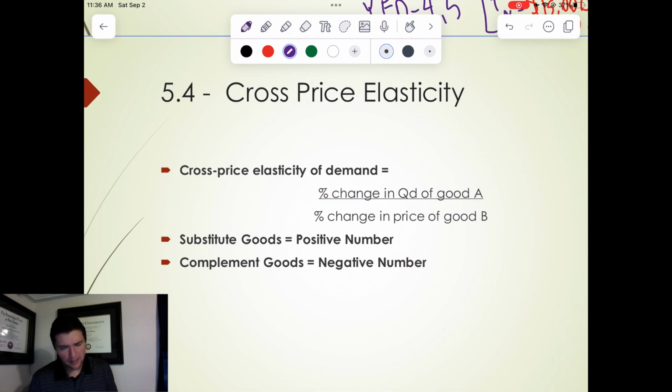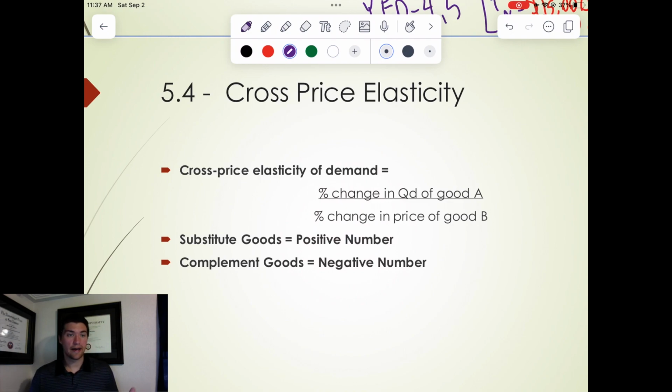Now, the next one we're going to talk about is cross-price elasticity. How this one works is that we already know that if something's more expensive, like Coca-Cola, I'm going to buy more Pepsi. And we also know if I'm going to buy more movies, I'm also going to demand more popcorn. So substitutes and complements, right?